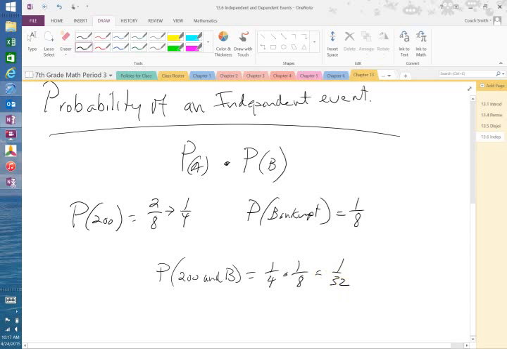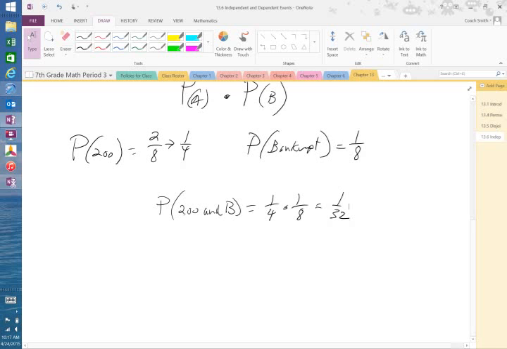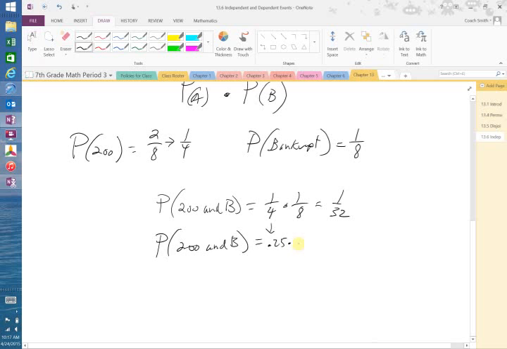Okay, now they have changed it to a decimal. So they went and did this. One-fourth is 0.25 times 1/8, which is 0.125.